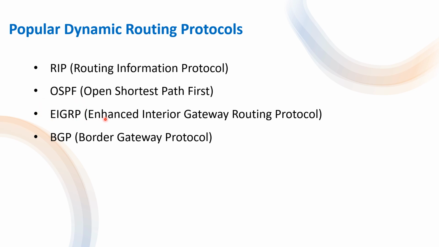EIGRP, Enhanced Interior Gateway Routing Protocol, a hybrid protocol developed by Cisco combining the best features of distance vector and link state protocols. And the fourth one is BGP, Border Gateway Protocol, the protocol used to exchange routing information between different autonomous systems and the internet.